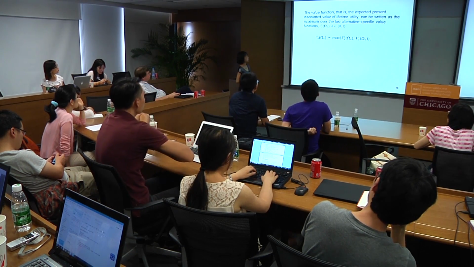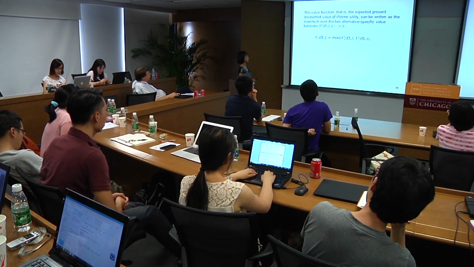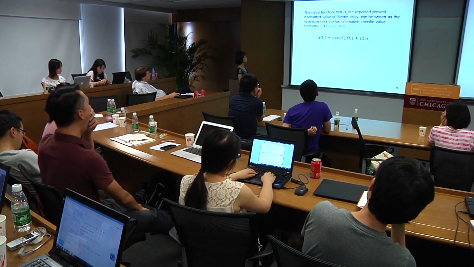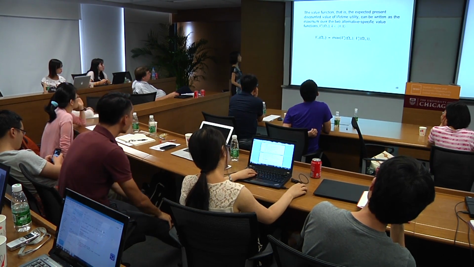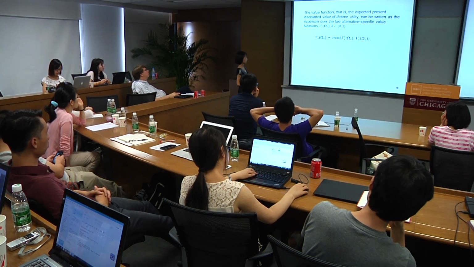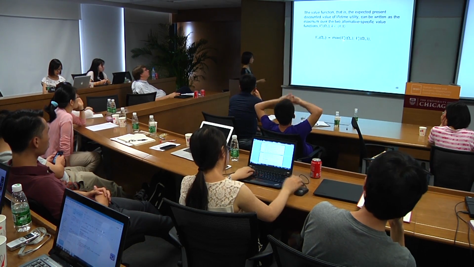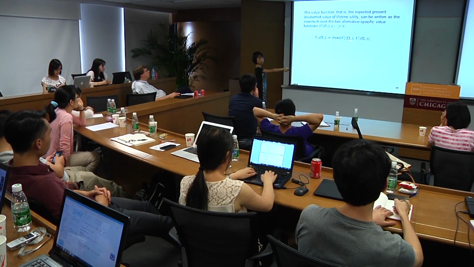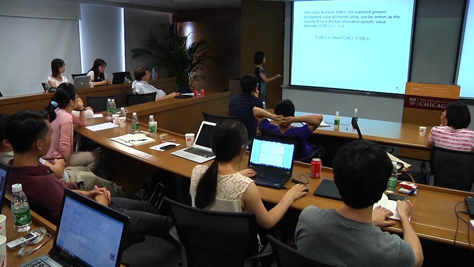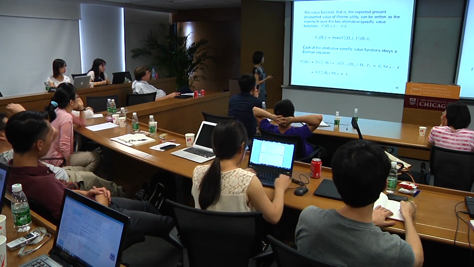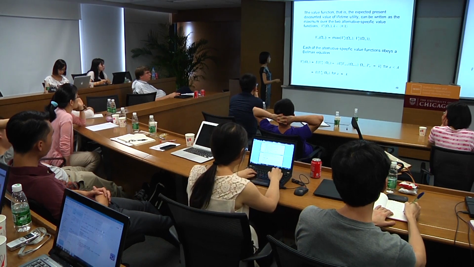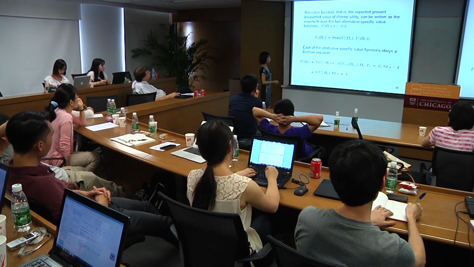And the value function, that is the expected present discounted value of lifetime utility, can be written as a maximum over two alternative specific value functions. Okay, it's the value function that you don't work, and the value function that you work. And each of the alternative specific value functions obeys a Bellman equation.